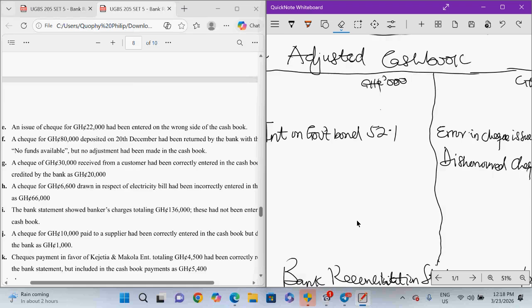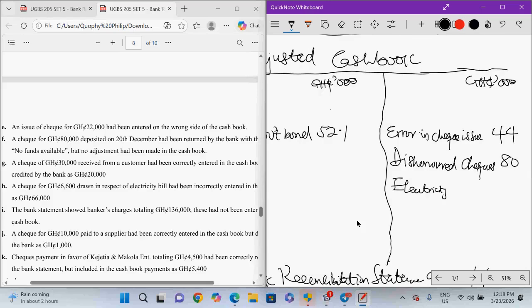So that is in respect to what? Electricity. So the amount, let's say electricity. We have paid how much? 6,600.